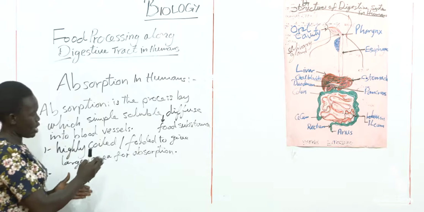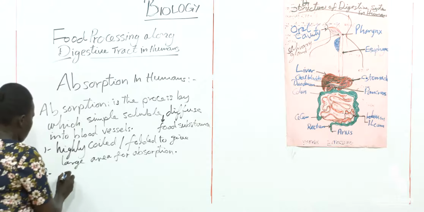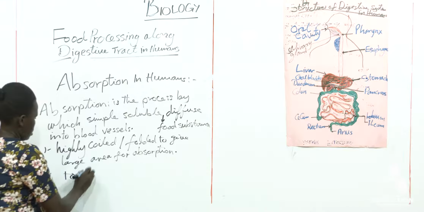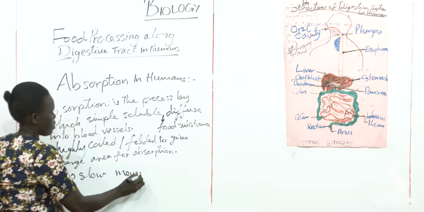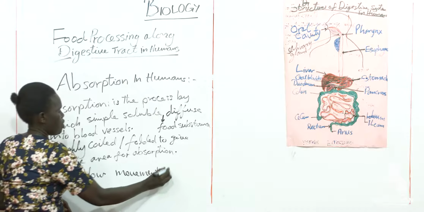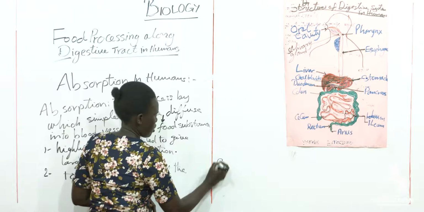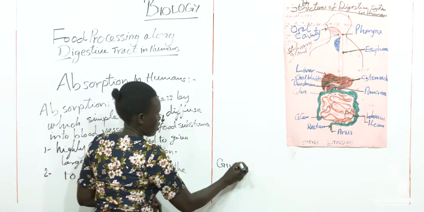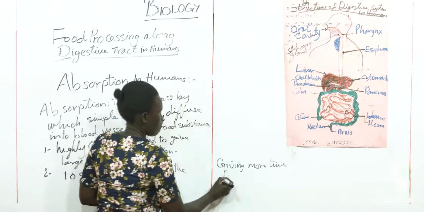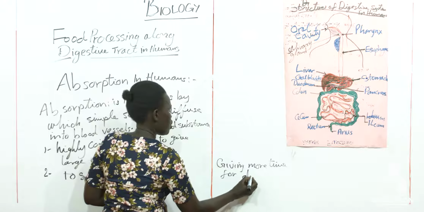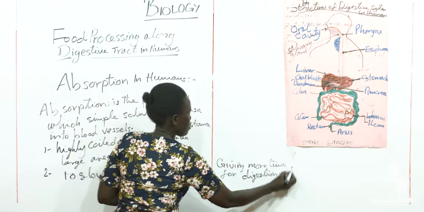It is highly coiled or folded to give enough time, to slow down the movement of the food. That means giving more time for digestion and absorption.